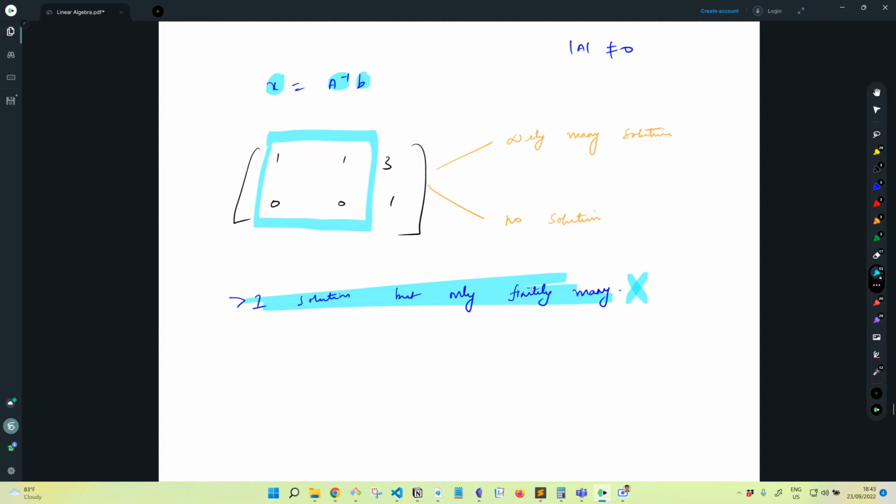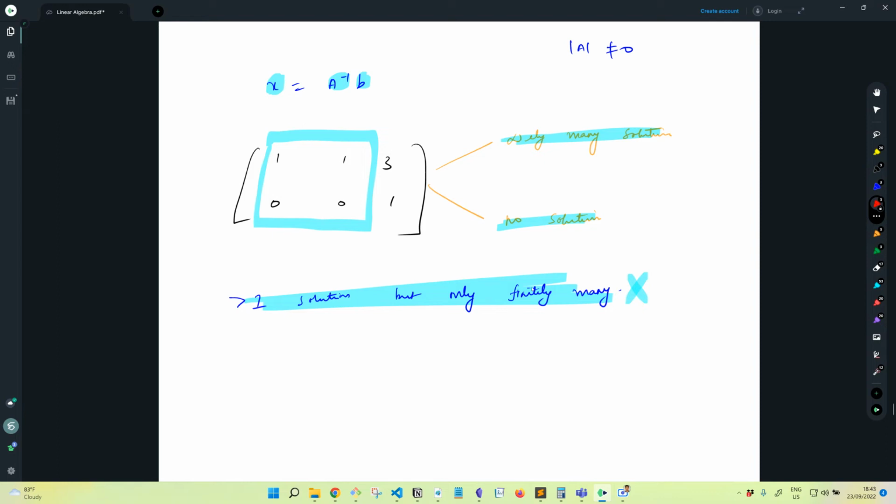For any linear system you can take any number of toy examples and check, right? Either the system will admit infinite solutions, or the system will not have any solution, or the system will have a unique solution. For the unique solution, we already saw the condition: in the RREF matrix, there should be no row that is all zeros in the A part.